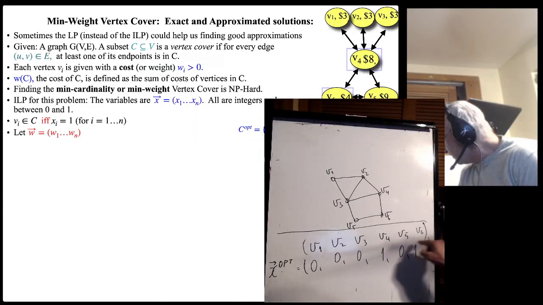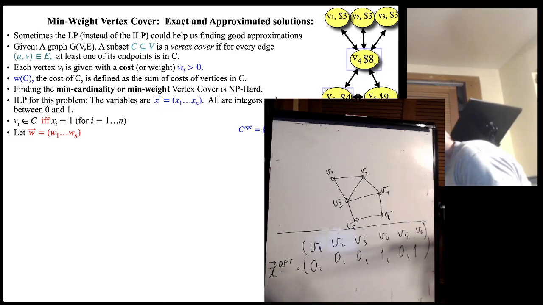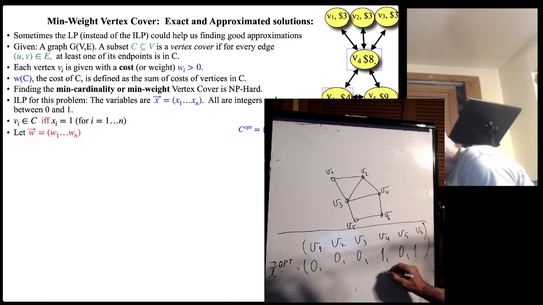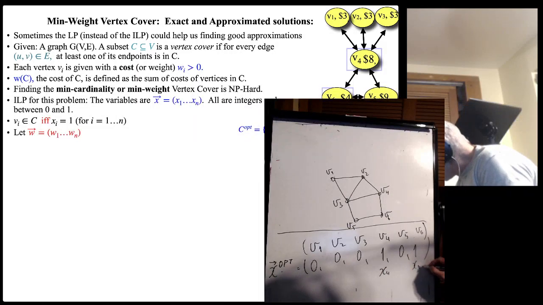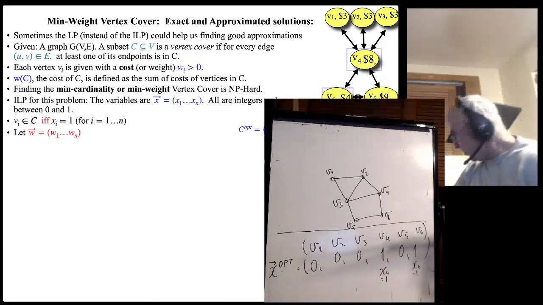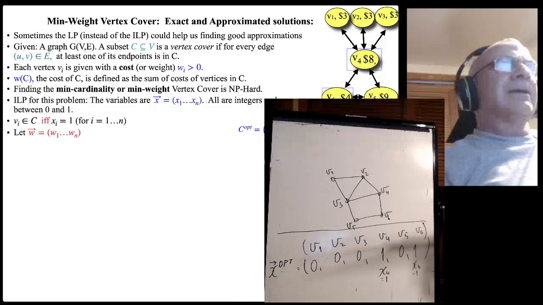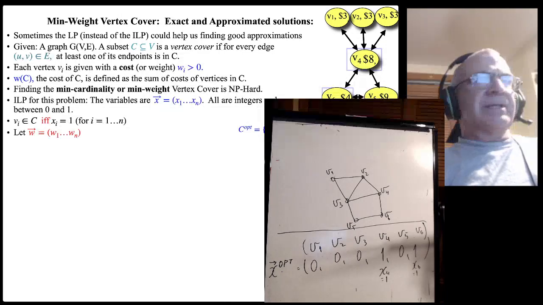So only v4 and v6 are in the cover, so that's why x sub 4 and x sub 6 are both 1, while xi for every other vertex are all zeros.